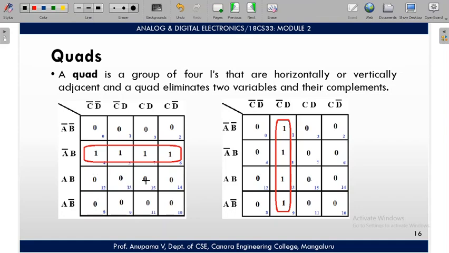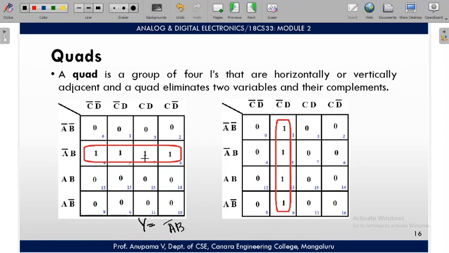So I can form a quad since they are adjacent to each other horizontally. Now how to write the reduced form of the equation? So Y is equal to, go to the respective row where the quad lies. I can find A bar B, write A bar B as it is.